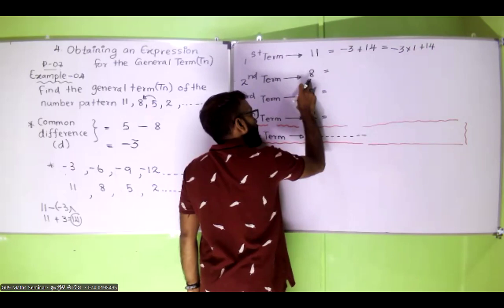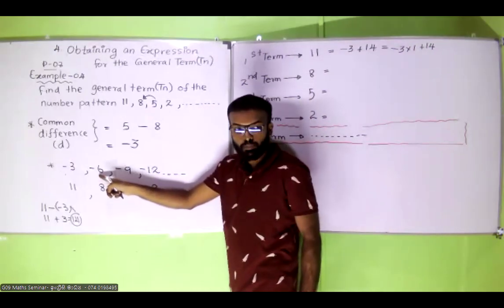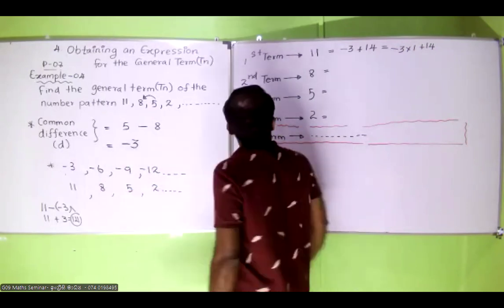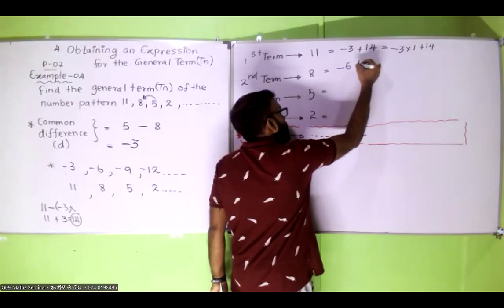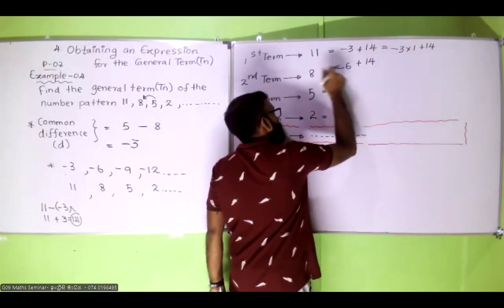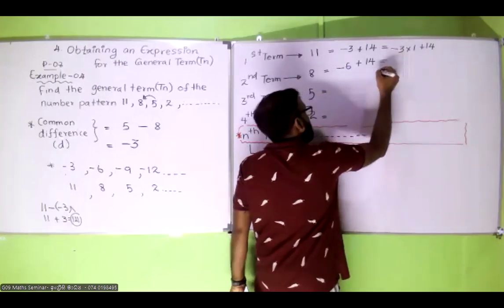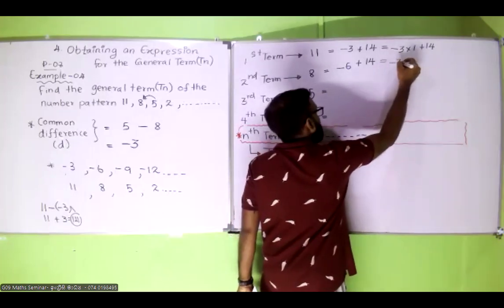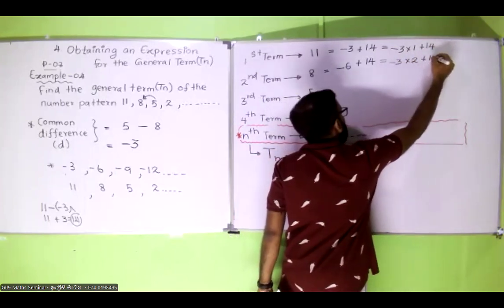Here you have 8. The second term's corresponding value is minus 6. Minus 6 plus 14 equals 8. Minus 6 can be written as minus 3 times 2, plus 14.